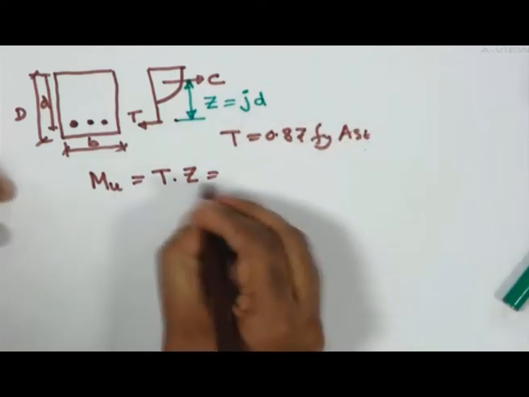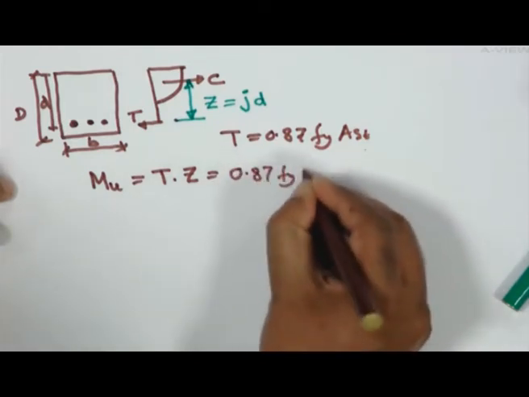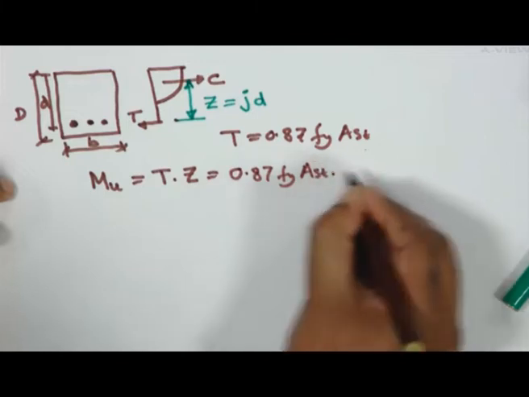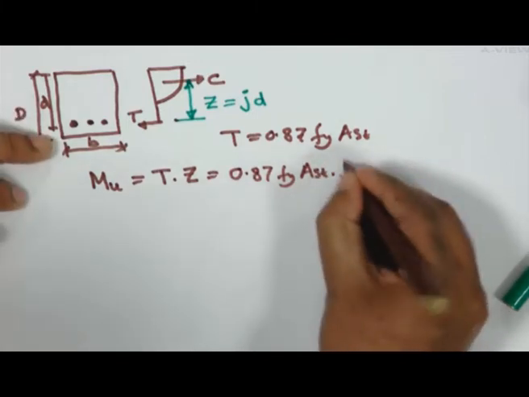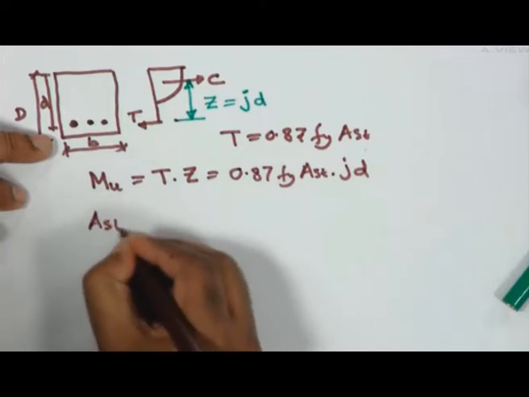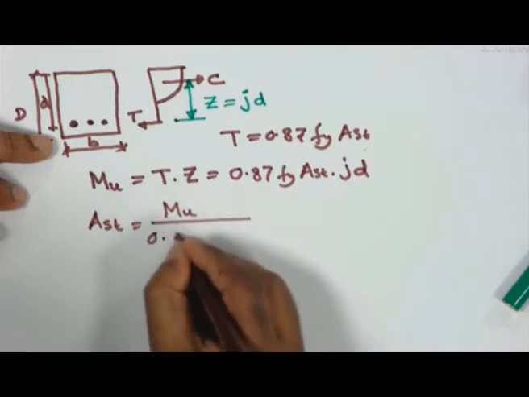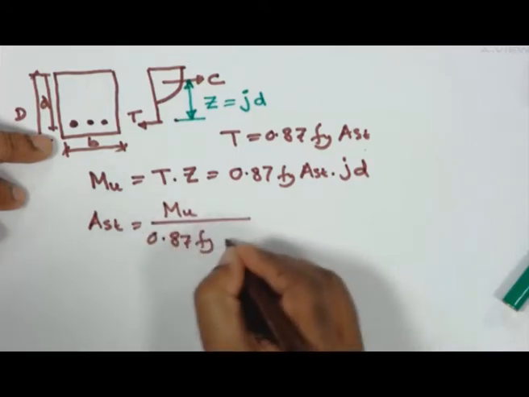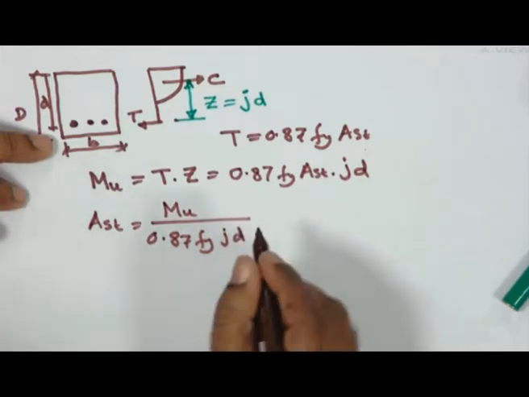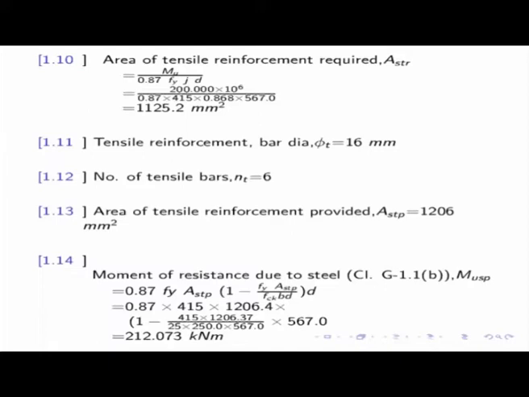So T times Z, I can write 0.87 fy Ast multiplied by Z, meaning jd. That means Ast will be equal to Mu by 0.87 fy jd. This is the formula we have used. This is the couple it is making, T times Z, and using this particular formula I get it here.